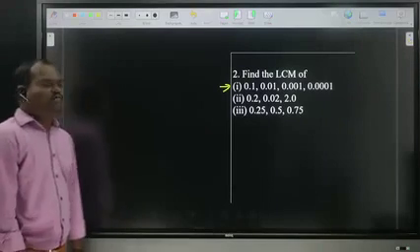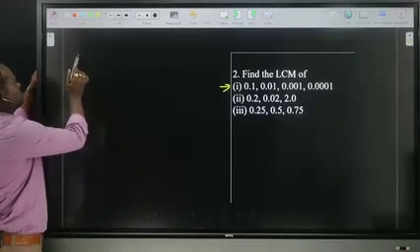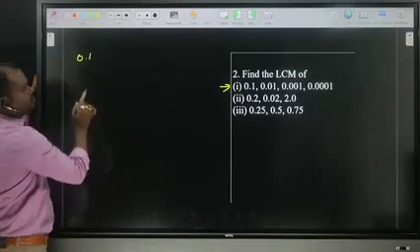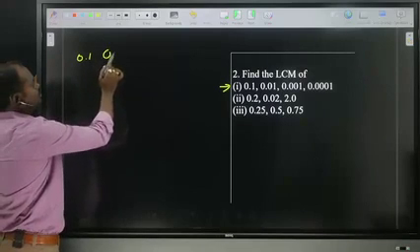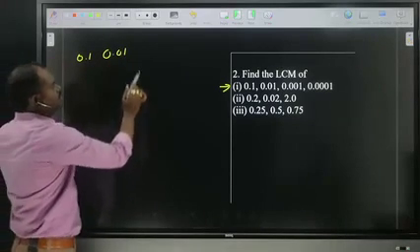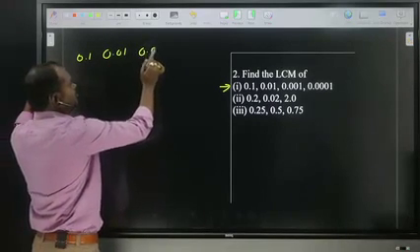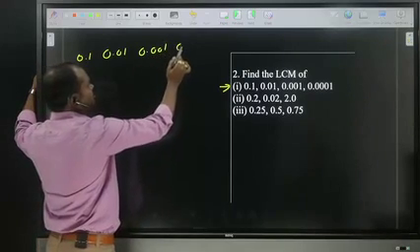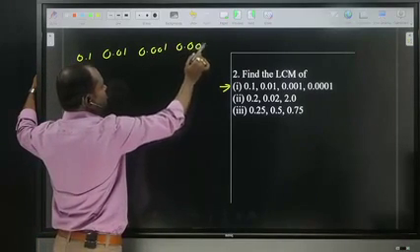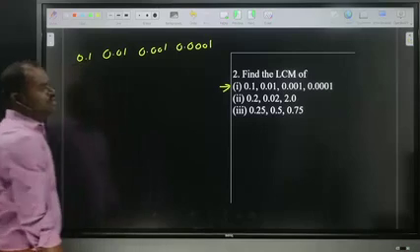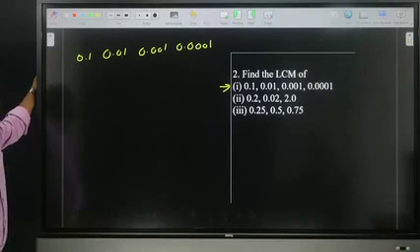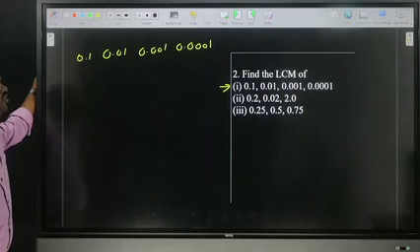First I will write here 0.1, 0.01, 0.001, 0.0001.